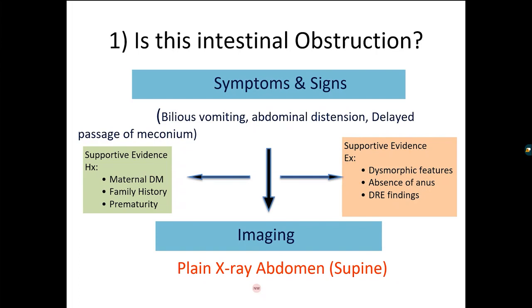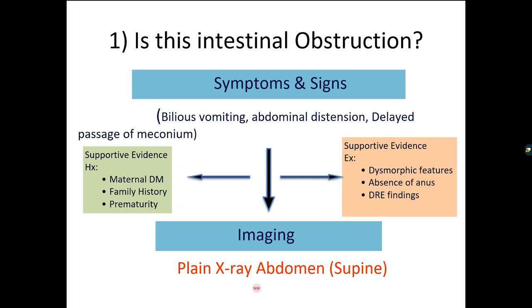So if you have those features, then the next step would be to look for any supportive evidence from history and examination. In the history, features such as maternal diabetes mellitus might indicate a possibility of hypoplastic left colon or small left colon syndrome.